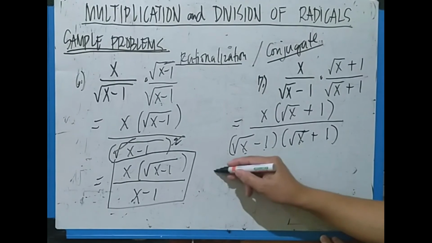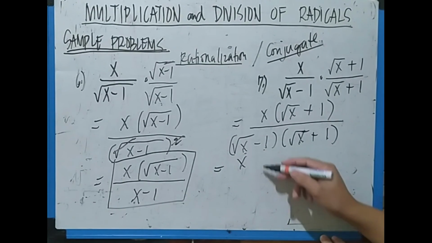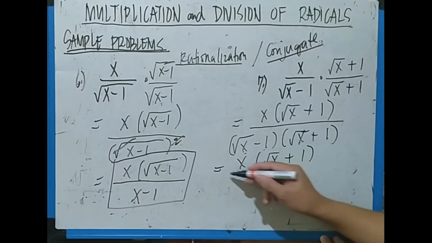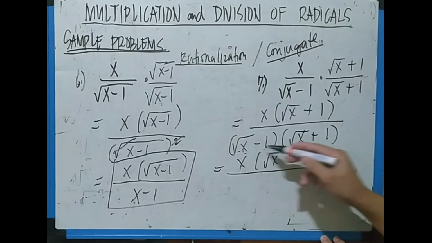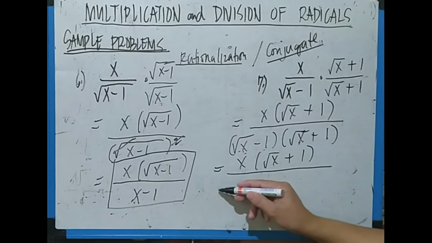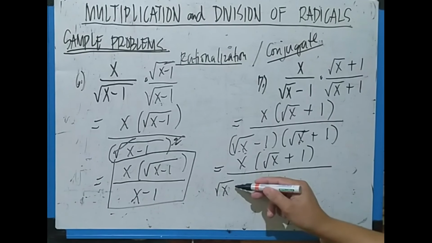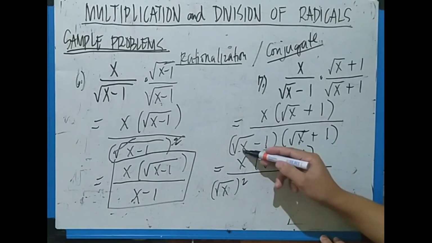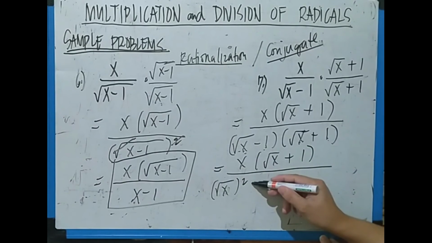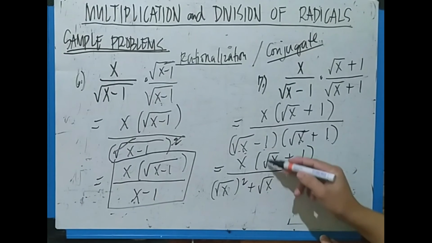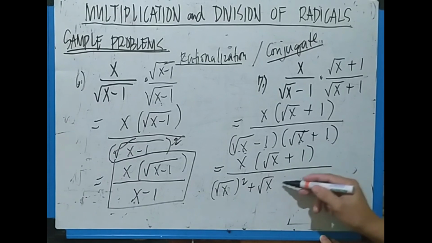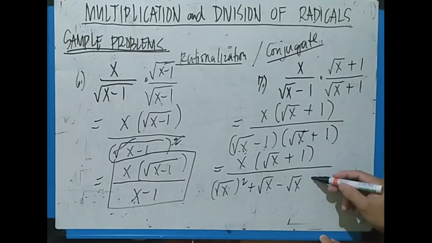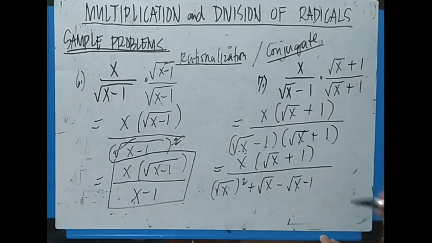Pakita ko sa inyo kung paano yung FOIL method. Square root of x times the square root of x is equal to the square root of x, squared. Then square root of x times 1 is equal to the square root of x. Negative 1 times the square root of x is negative square root of x. Negative 1 times positive 1 is negative 1.